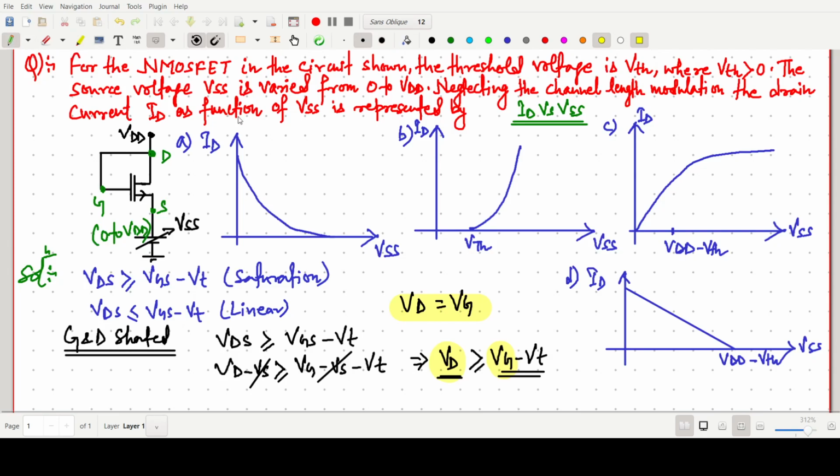For example, if this value is say 5 volt and VT is 1, this will always be greater. So the device is in the saturation region. It is a very important point that when gate and drain are shorted, the device is in saturation.